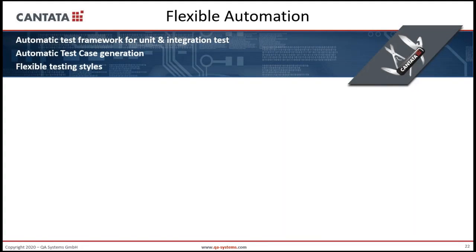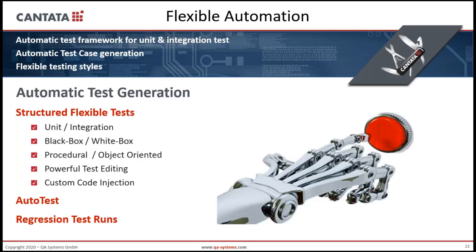Automation is the key benefit of any tool, but it has to be flexible. Cantata's automatic test generation delivers a complete framework of structured tests for flexible approaches, unit integration, black and white box, with both GUI, graphical user interface, and code test editing options.